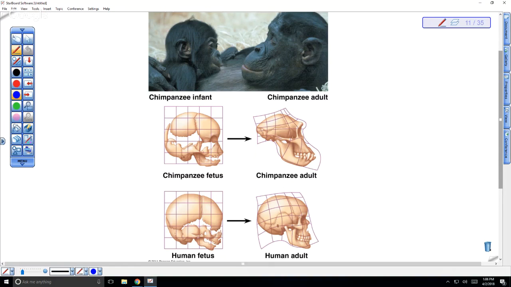The mandible and the maxilla get really big, which kind of squishes their skull, as compared to humans, which kind of retain, right, the more juvenile characteristic. So humans are said to be kind of juvenile-like as primates because our skull is very similar to a young human skull, right, or a fetus skull. Does that make sense to everybody? So this would be a modification of an already existing structure.